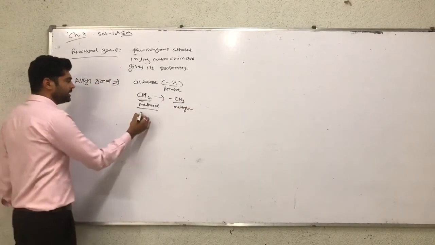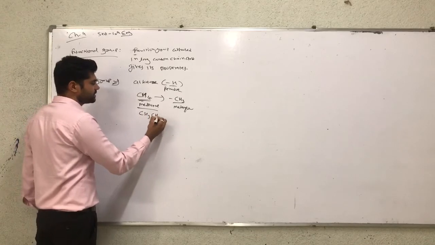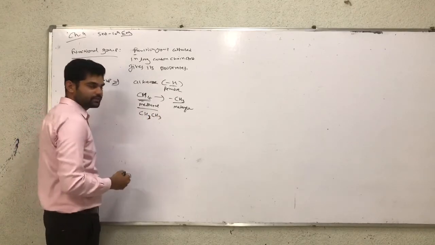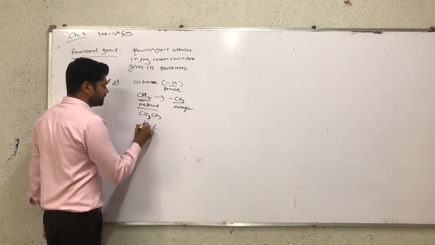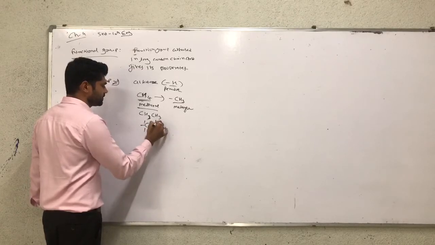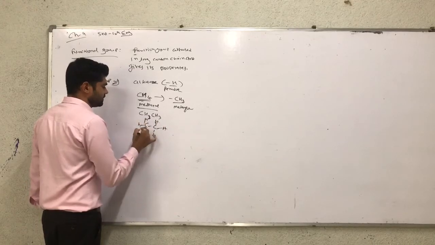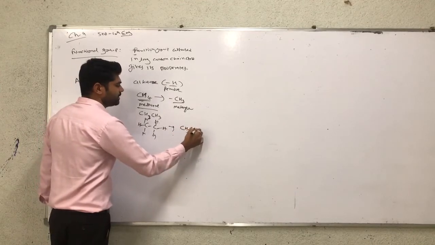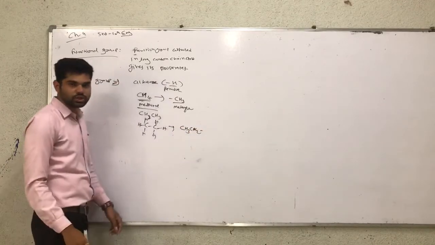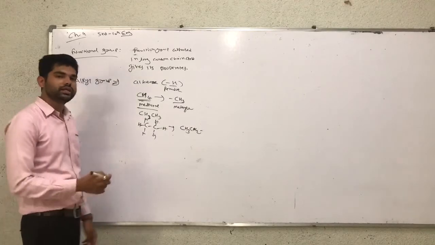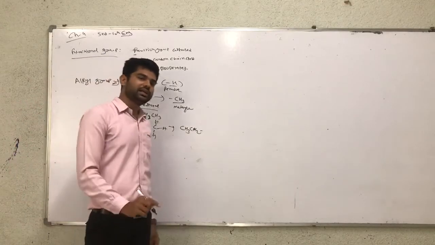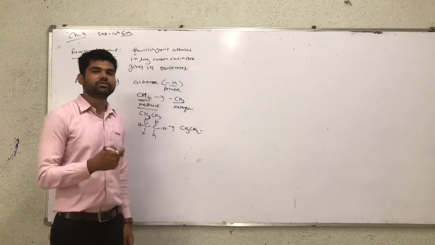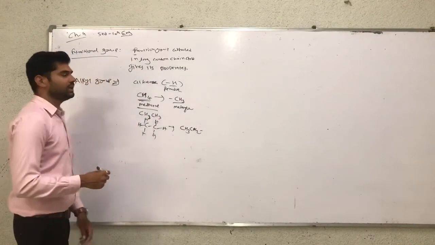In a similar way, ethane, CH3CH3. We also write this type of structure, and then remove one hydrogen. It means CH3CH2, so ethane is converted into ethyl. So an alkane, with one hydrogen removed, is converted into an alkyl group.